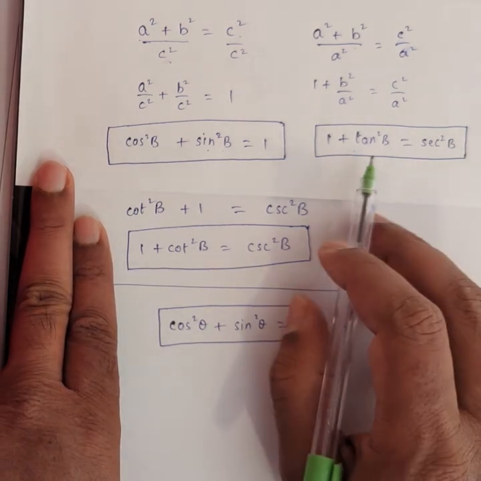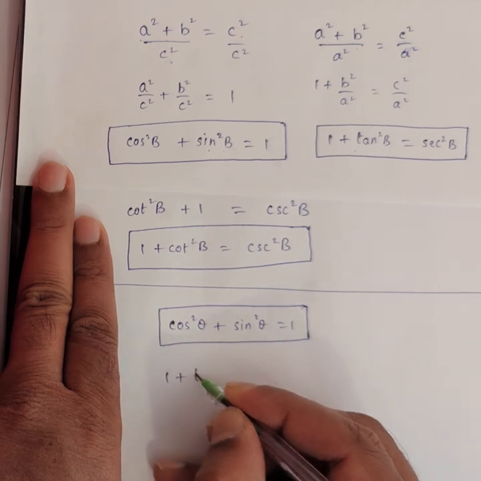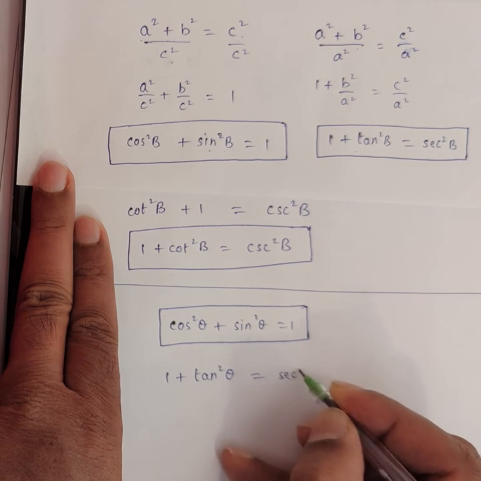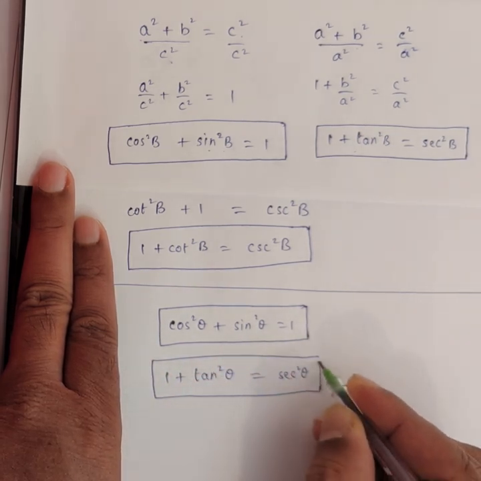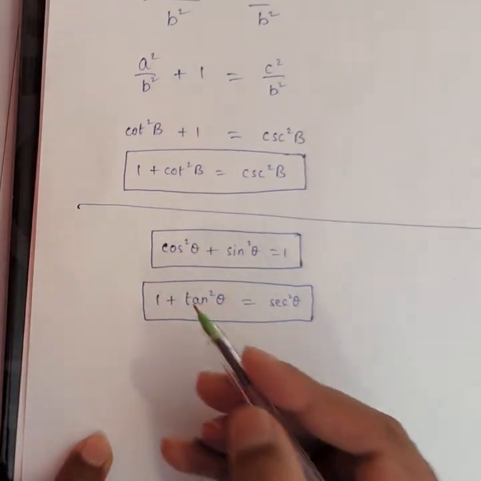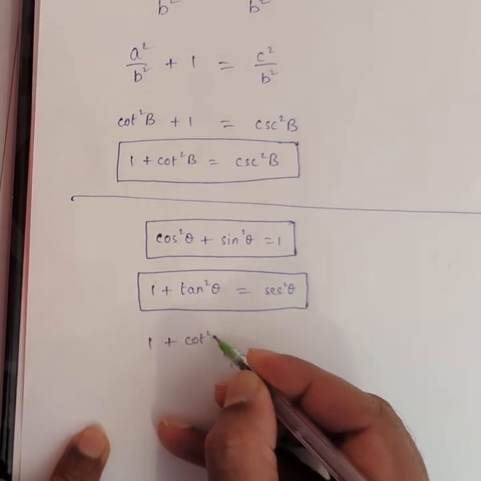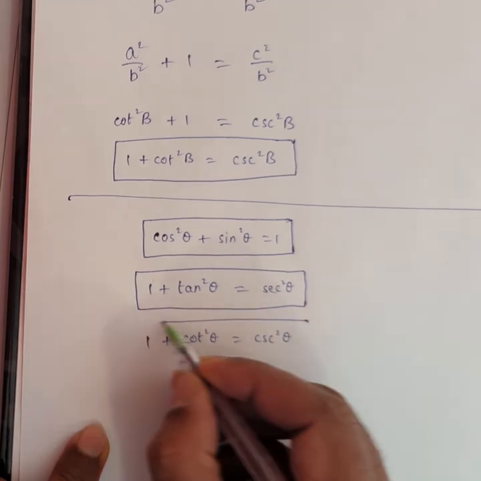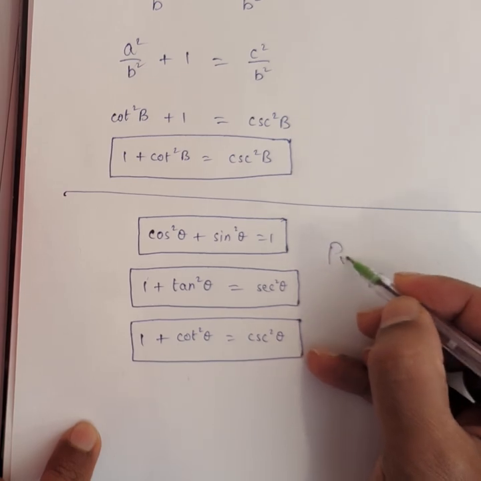The second one is this, which is 1 plus tan square theta equals secant square theta. And then the third one is right here, which is 1 plus cot square theta equals cosecant square theta. These three are called the Pythagorean identities.